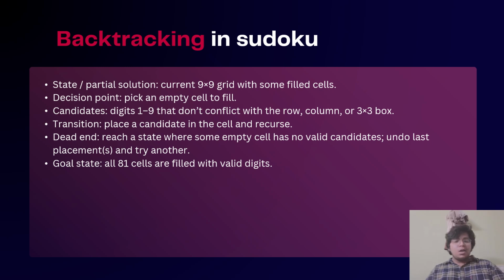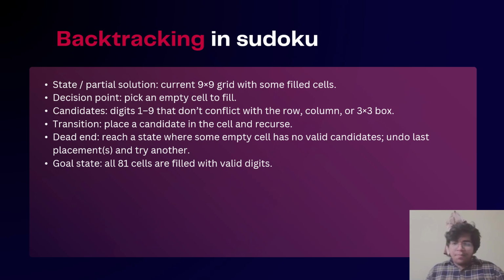At a dead end, there is no valid candidate, so you go back and repeat. Our basic goal is that all cells are filled with valid digits, and the Sudoku grid completes with 81 cells. This turns the Sudoku problem into a structured search algorithm.